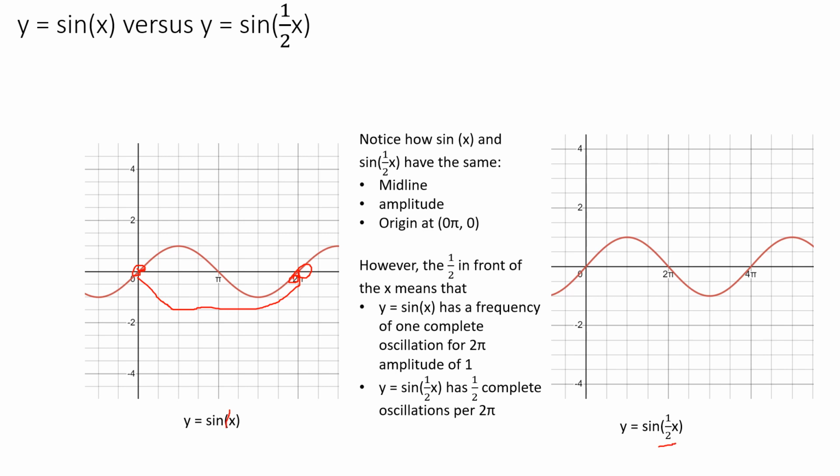Now that's interesting, because if I draw this out, this is slightly different. Here's 2 pi, here's 4 pi. It only goes half an oscillation per 2 pi. This is only halfway across from here to here. It actually takes 4 pi to go one complete oscillation. So this is a sine of 1/2 x.